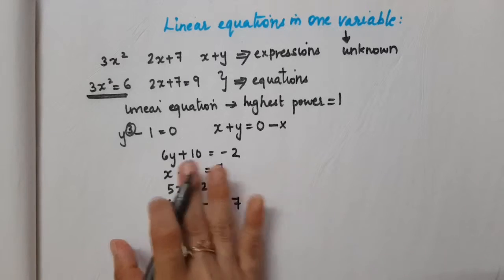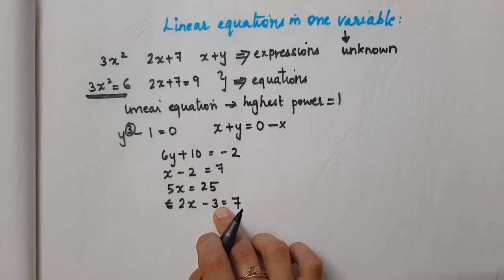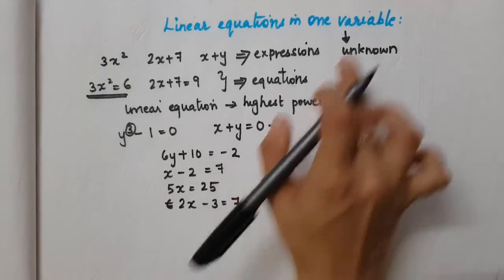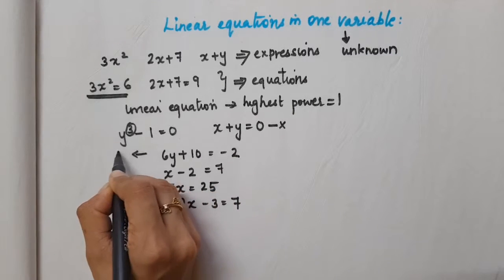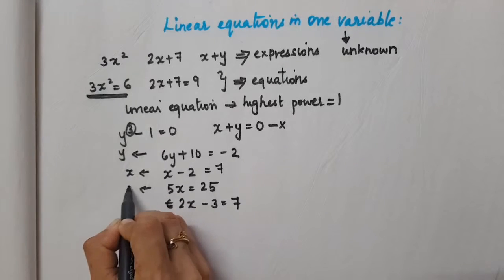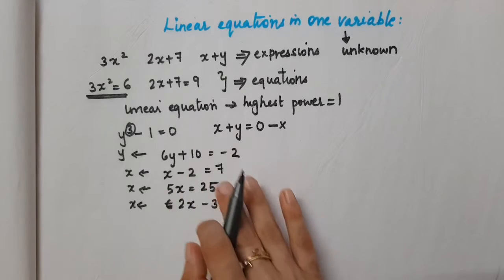So these are linear equations in one variable. They are equations because there is an equal to sign. They are linear because the highest power is 1, and you can only find one variable. Here it's x, here it's x, here it's x. So only one variable is there in these equations.